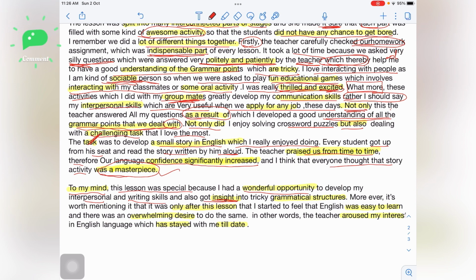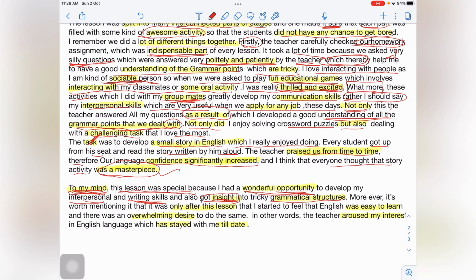Insight means you could go deeply, you could understand the nuances and the intricacies, that is also one very high vocabulary word.